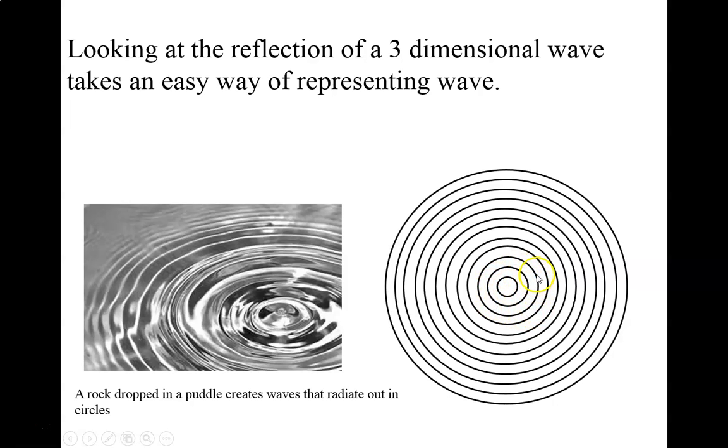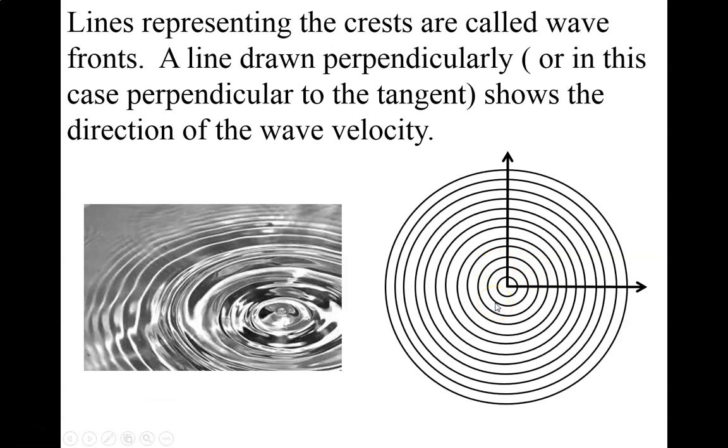So these are the wave fronts, the crests, and they're radiating out in all directions. If you go perpendicular to the line of the wave front, that shows the direction of travel of the wave. So perpendicular to the tangent here.